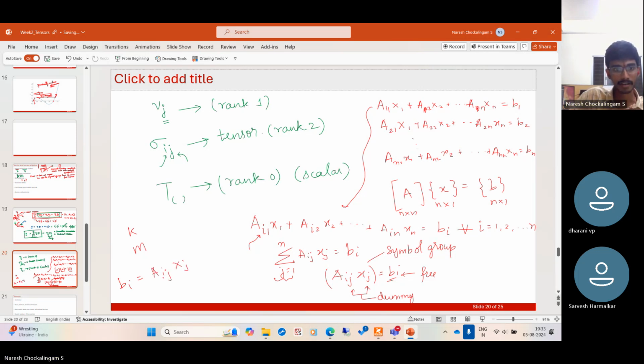You can replace j with k, nothing will happen. You can put aik xk, which still means the same thing. You're summing over k. Or you can put aim xm. But you cannot write this as apj xj. The reason is, on the right hand side you have a p, left hand side you have an i. There is no relationship between the two.